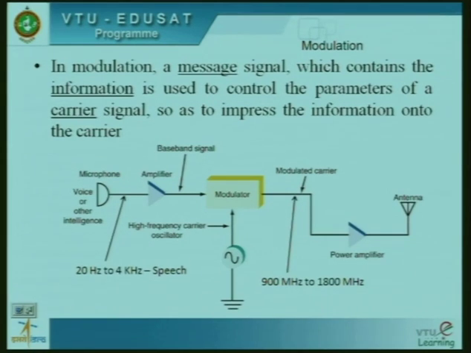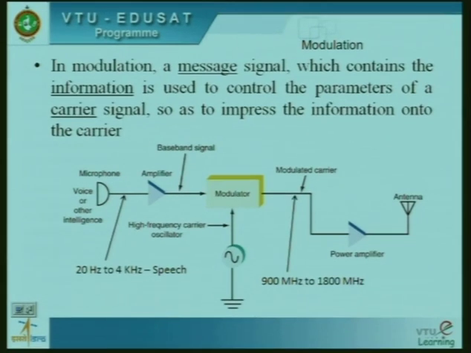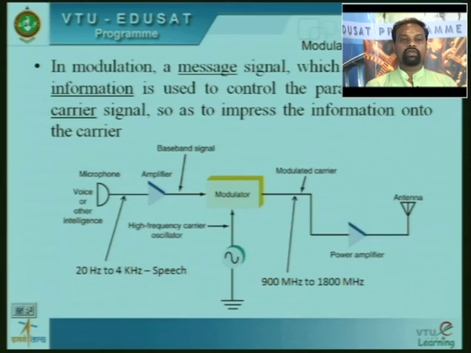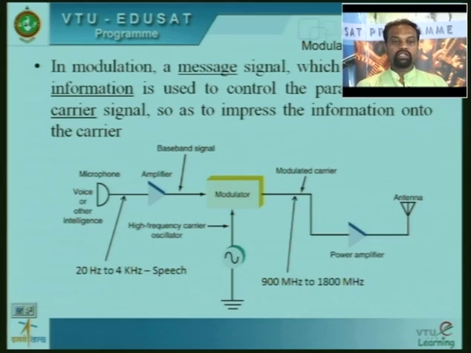Now, if you would like to transfer this baseband signal through a channel, we have a carrier signal, that is a high frequency carrier. This high frequency carrier and the baseband signal are modulated, and then you get a modulated carrier.